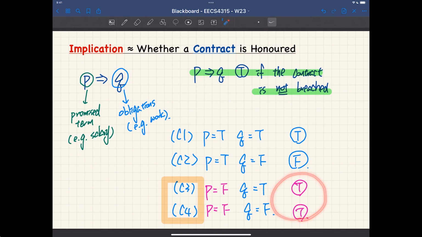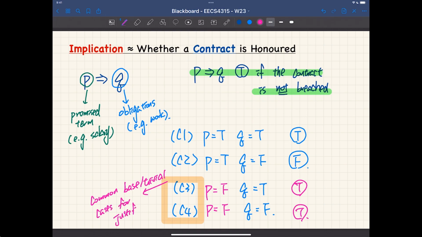Just keep that in mind. We'll see an example later. This will be a very common base case or trivial case for justification. We'll see an example very soon when we talk about quantification, when we review it.